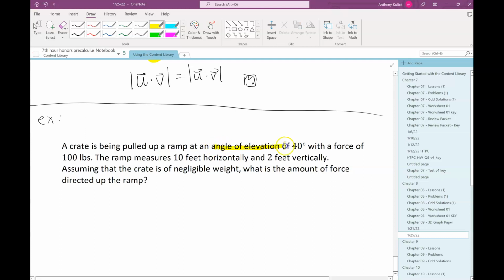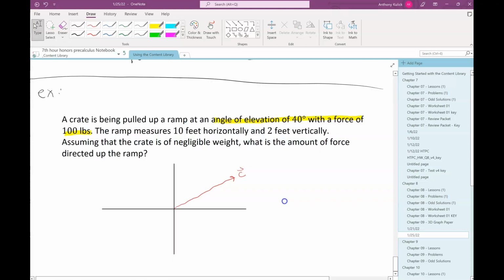So I'm going to be looking for two vectors. One of them seems pretty clear that it's this crate. So let's draw that in here. So it's pulling up.